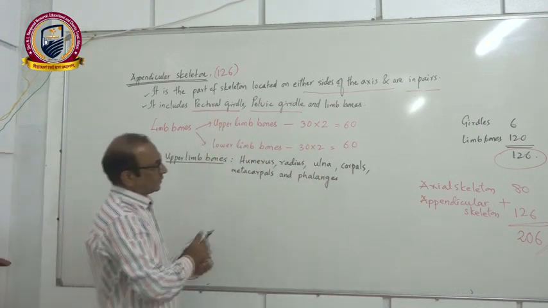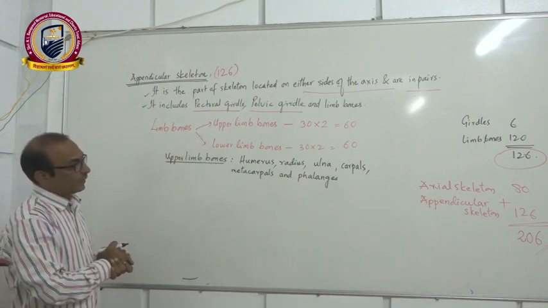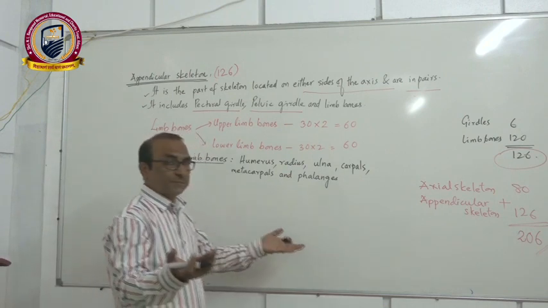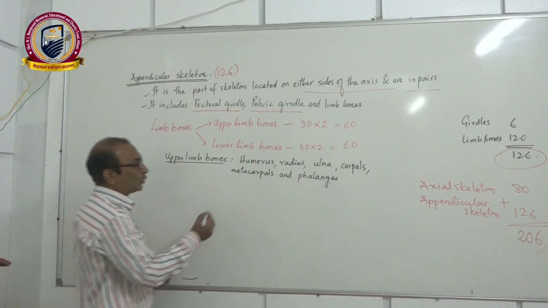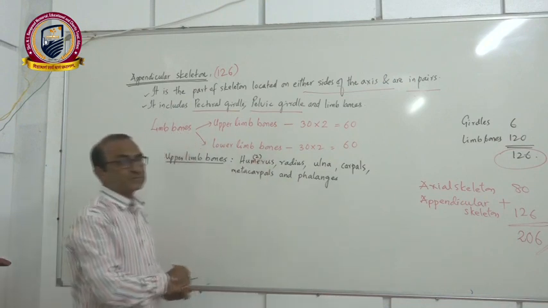Now let us make out their numbers. As we have two upper limbs, two arms, there are two humerus bones.